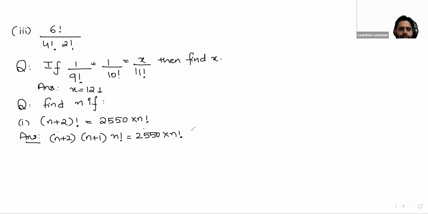This clear, Krishna? Yes, sir. Okay, now this n factorial can be cancelled out, and finally you get n plus 2 into n plus 1, and this is equal to 2550. Now can you tell me how can you solve this equation?